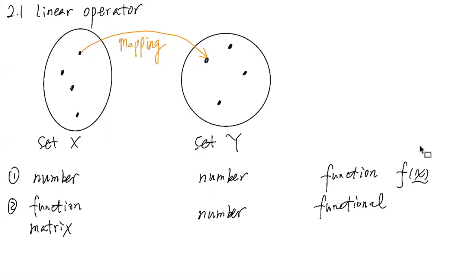This is a functional. You can denote this as capital F of f of x, if we're talking about a function. So a functional is really a function of a function. So its variable is a function or a matrix, and you can map a function or a matrix to a number. So this is a functional.